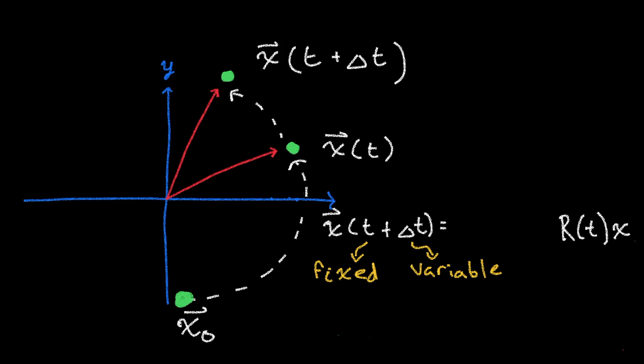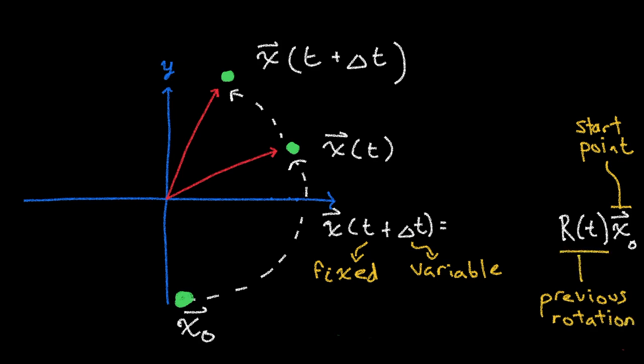Now, if we have some initial starting point x0, we can rotate it by some rotation matrix that brings it up to x at t. So here's our start point. And here's all the previous rotations over little segments of the trajectory, all concatenated into a single rotation matrix.